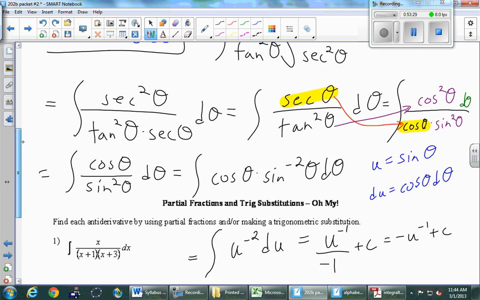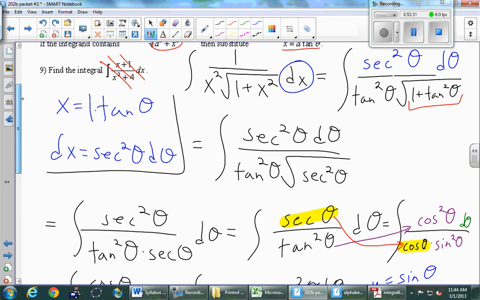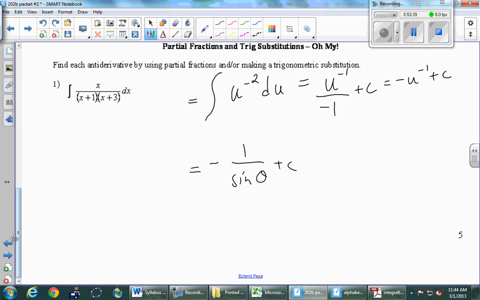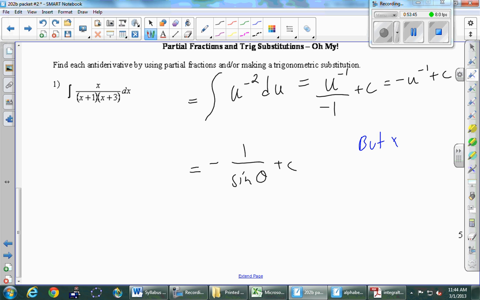So the very first thing that we wrote up here in blue is that x was tan theta. So you can solve for theta right now and just say, oh, it's arctan of x. I'm going to write that down here, but I'm going to show you how I want you to do it, which isn't what we're about to do here. So first thing we wrote was x equals tangent of theta.